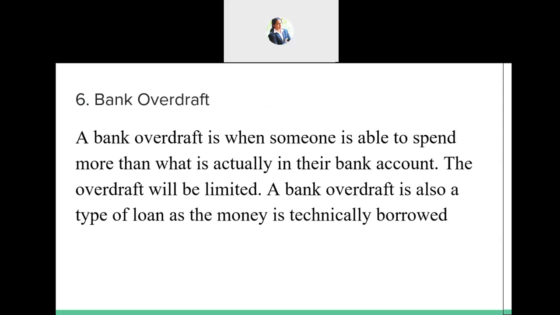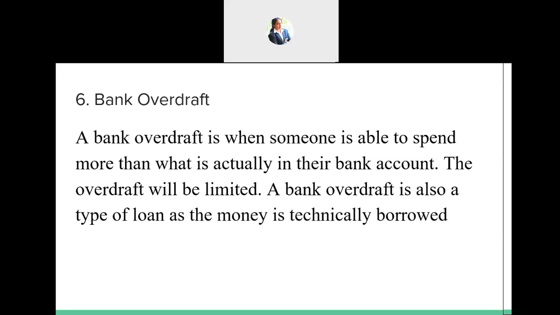The next one is bank overdraft. Usually what happens is that we can save our money or deposit our money in the bank, and whenever we require, the bank would be providing us with our money. So when we deposit, our account would be credited. When we withdraw, our account would be debited.